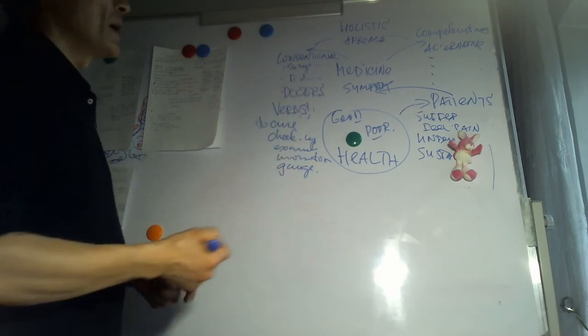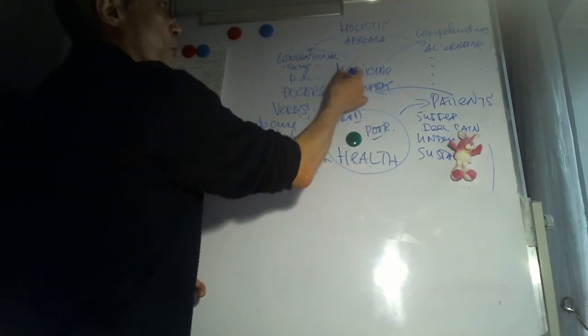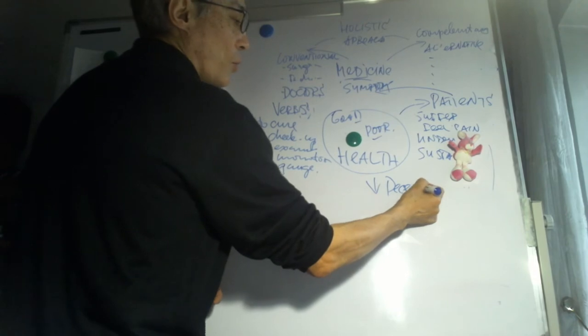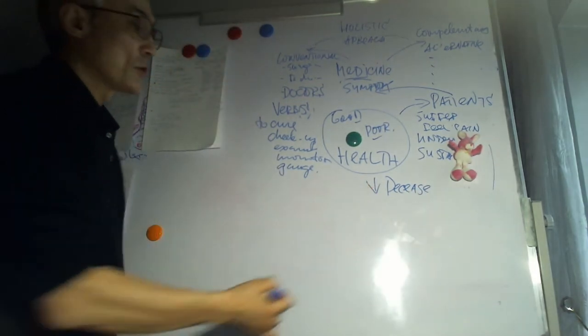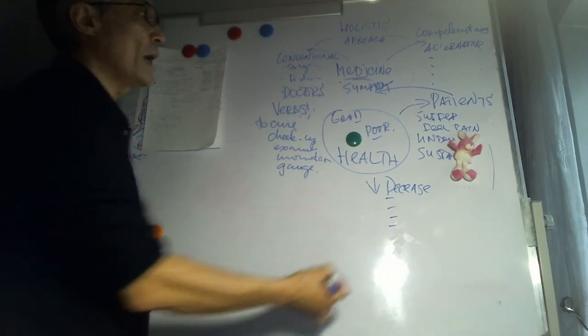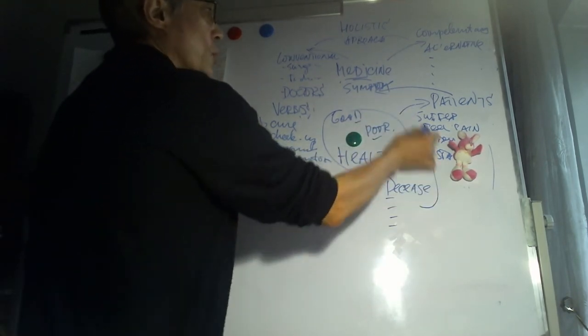Then we have some kind of disease. What synonyms of disease do you know? You deal with illness, sickness, injury, trauma. Again, what kind of symptoms do you have of this?